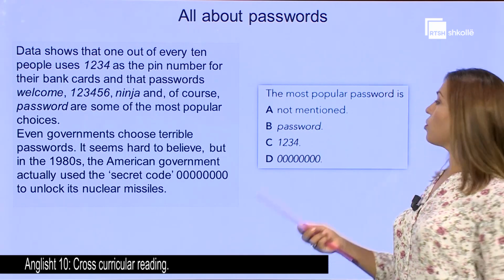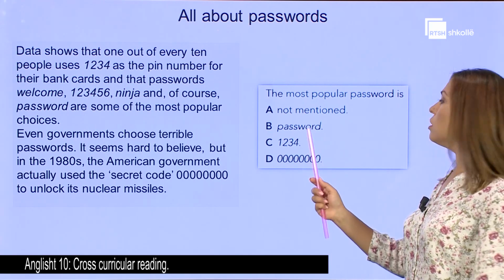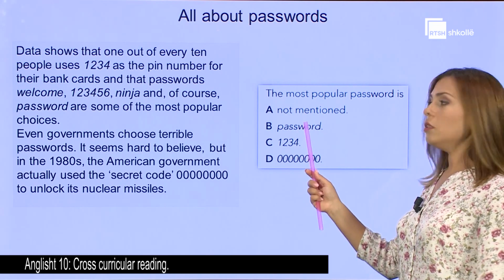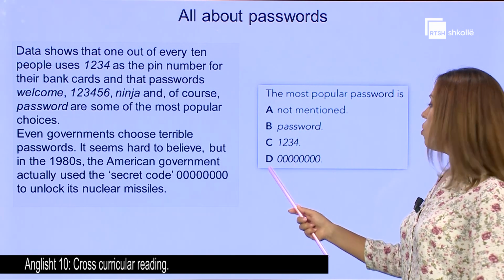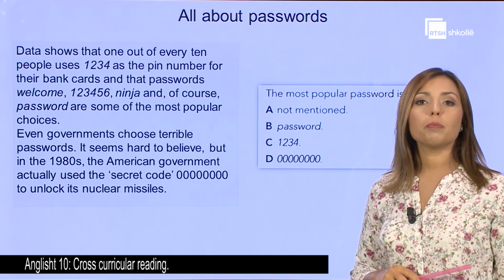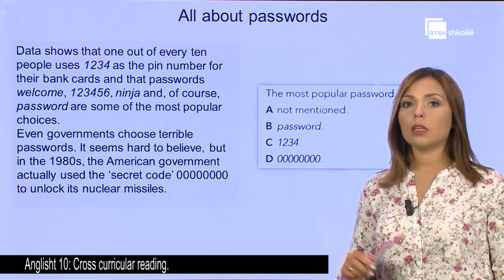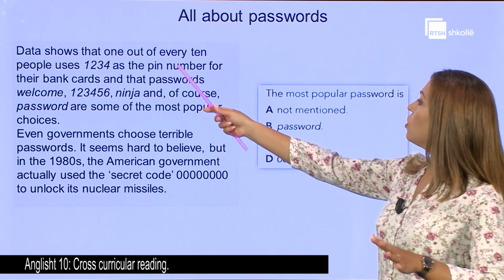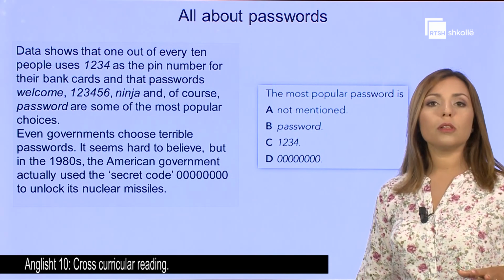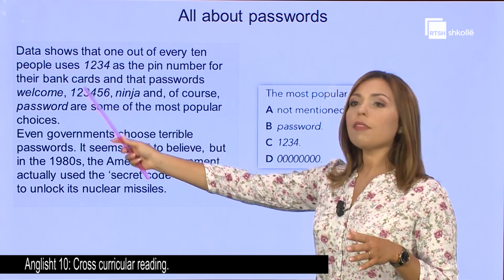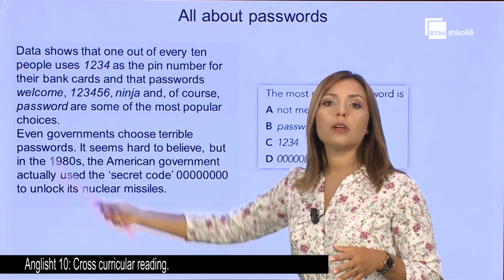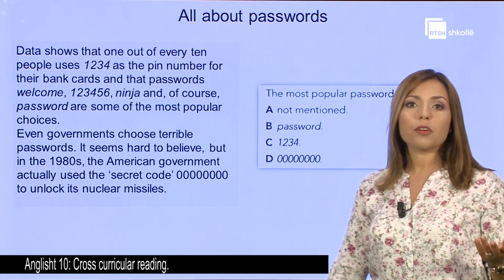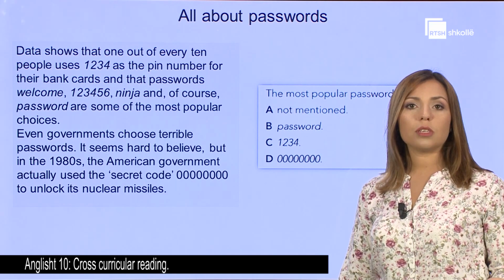Which is the most popular password? It's not mentioned. It's the word password. It's 1, 2, 3, 4, or those zeros, many zeros. In the text, we read that 1 out of 10 people uses this code, and that there are so many other passwords, other codes that people use all the time.